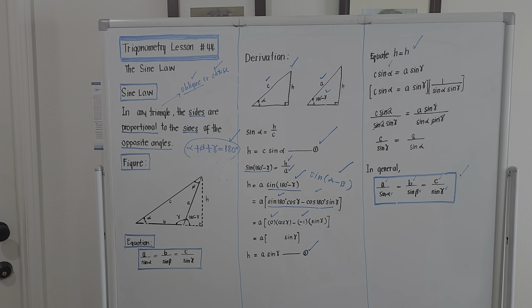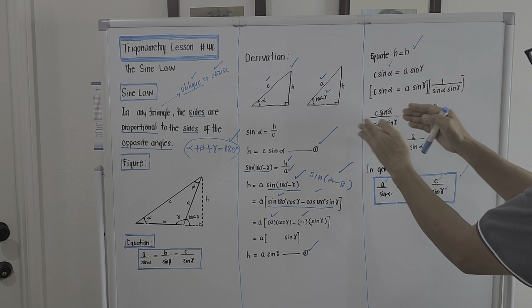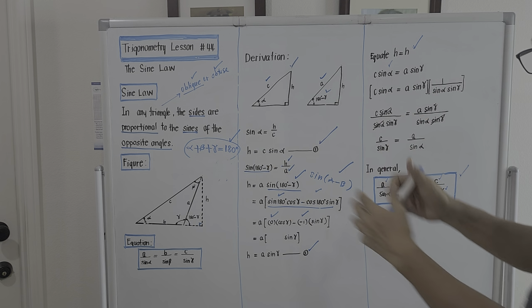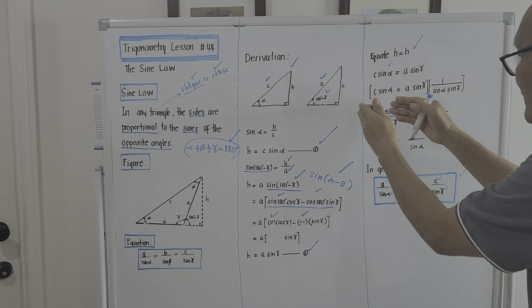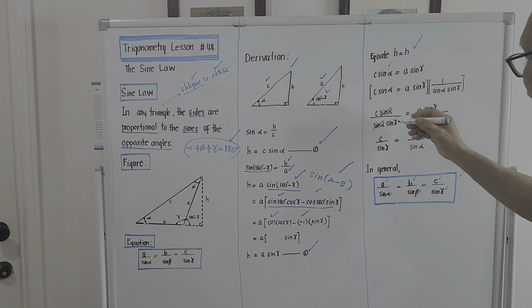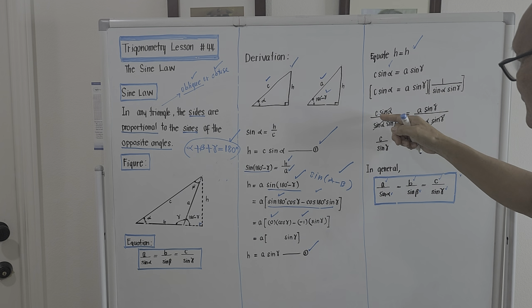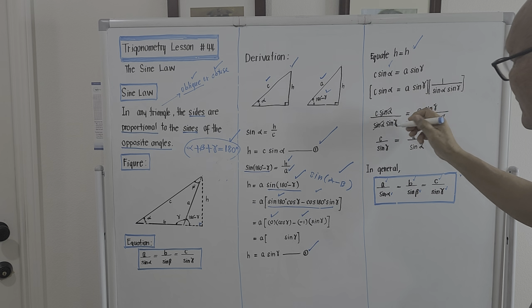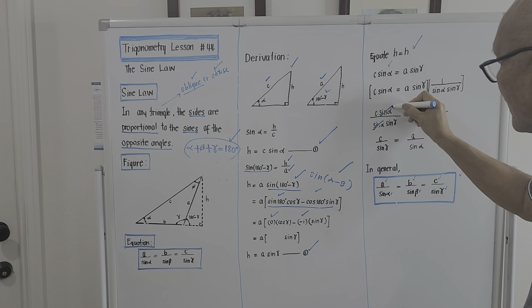Then try to make some cancellations. This is where some students made mistakes. As long as the operation on both the numerator and denominator are multiplication, we are free to cancel, right? So this sine of alpha here, the operation on the numerator is multiplication, C sine of alpha. If this is a plus, that's a different story. But since the operation is multiplication, we can cancel sine of alpha with sine of alpha.